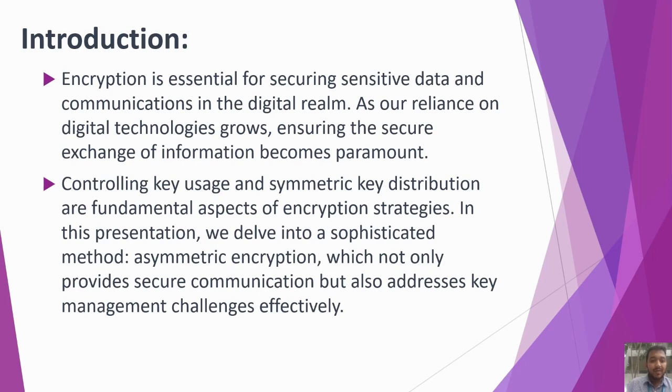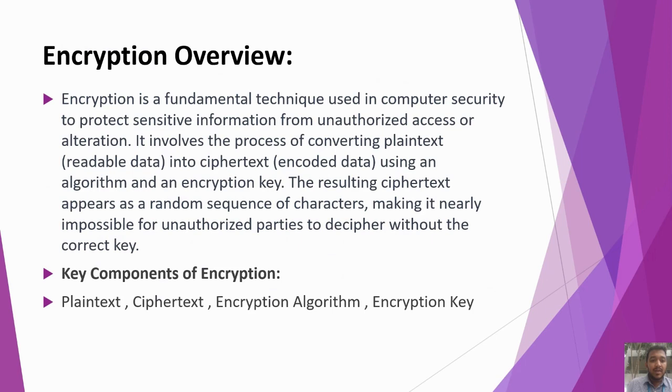And the encryption overview. Encryption is a fundamental technique used in computer security to protect sensitive information from unauthorized access or alteration. It involves the process of converting plain text into ciphertext using an algorithm and an encryption key.